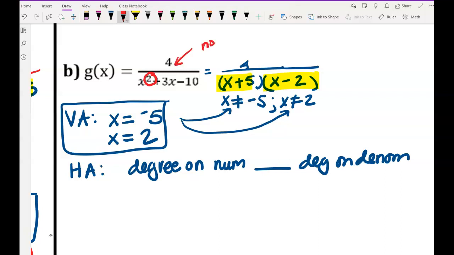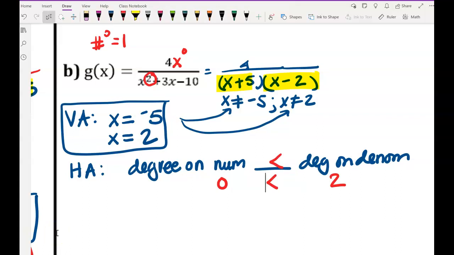The reason we have no x is technically you can view it as x to the 0 power, because any number to the 0 power is always 1. So no x means the degree is 0. So the degree on the numerator is 0. Degree on the denominator is 2. Well, clearly that means it's less than.